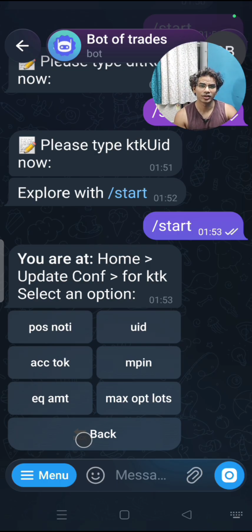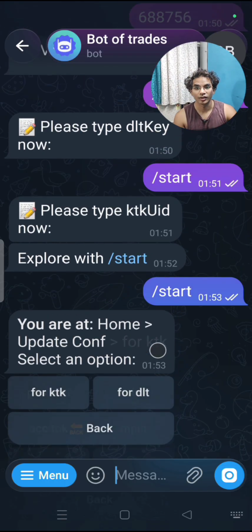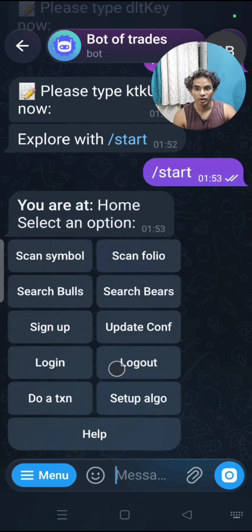Same goes with silver, which requires 4 lakh margin or something like this. The same goes with NSE derivatives as well. They require 2 lakh, 2.5 lakh kind of margin. Those can be configured as well, but that's not in this option as of now.